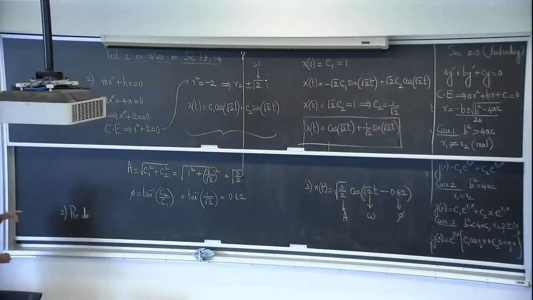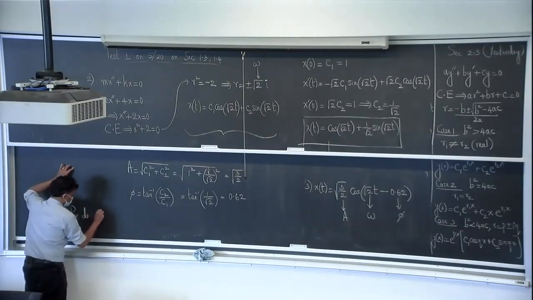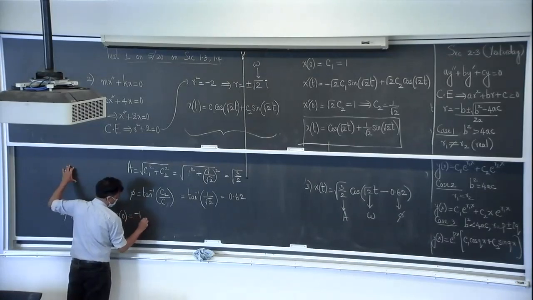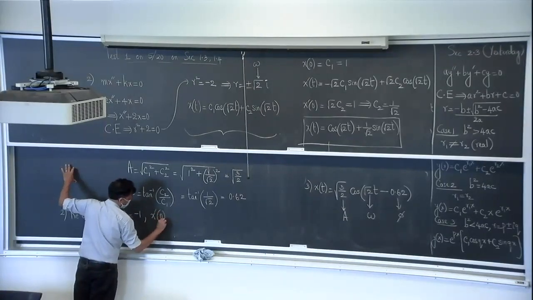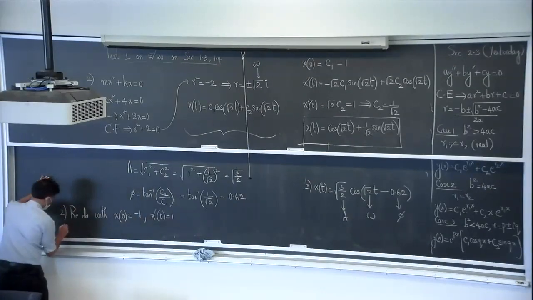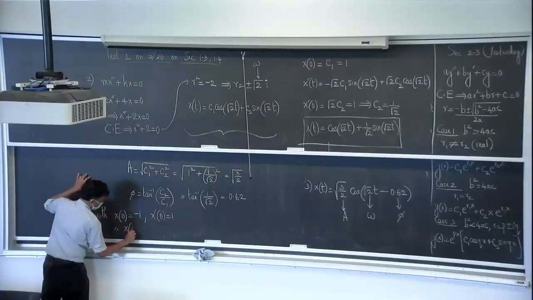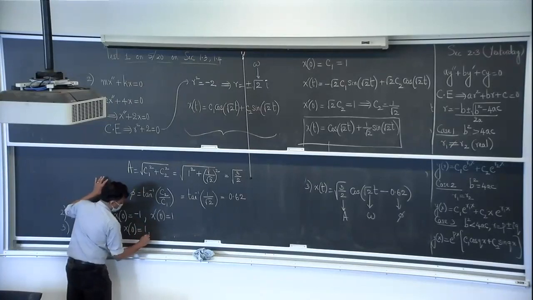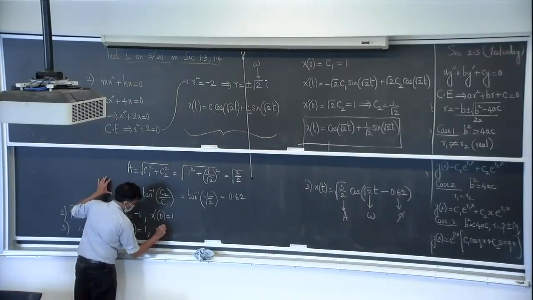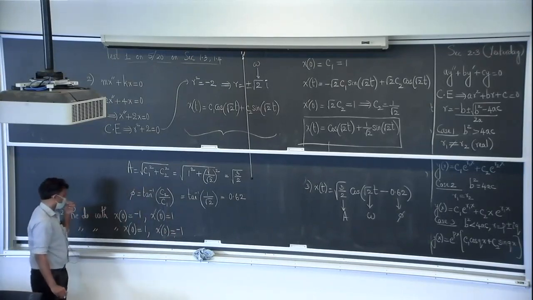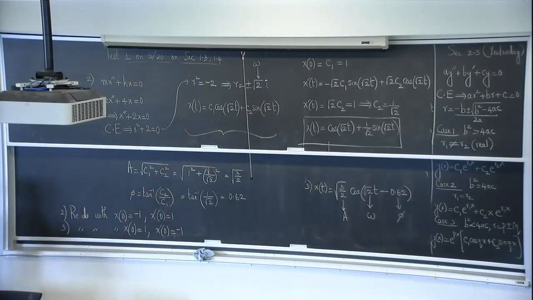So redo the same problem, but this time with x of 0 equal to -1 and x prime of 0 equal to 1. And example 3, redo the same problem with x of 0 equal to 1 and x prime of 0 equal to -1. Just to get some practice with this pi business.